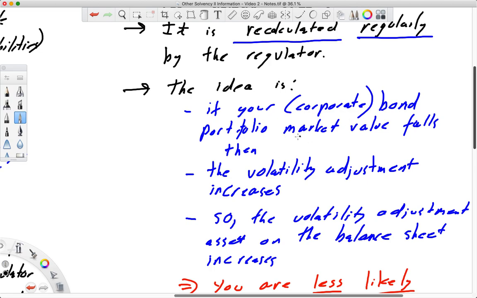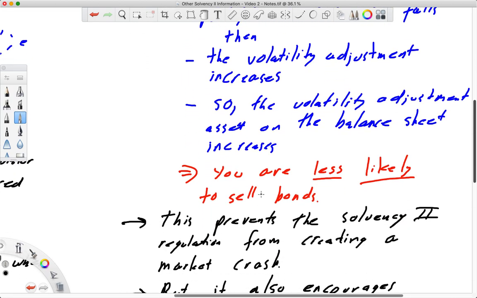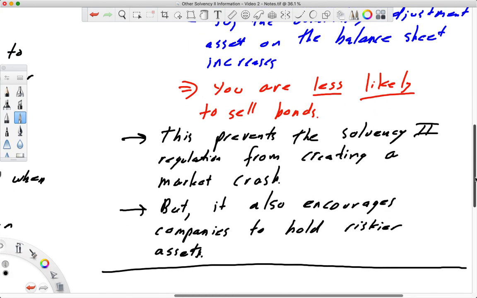So without the volatility adjustment, the insurance companies are incentivized to, in some sense, exacerbate a market crash. The volatility adjustment is there to prevent that. If the market values of these corporate bonds fall, then the volatility adjustment increases so that you don't end up having a massive impact on your balance sheet. And that means you're less likely to sell those bonds and less likely to create a crash.